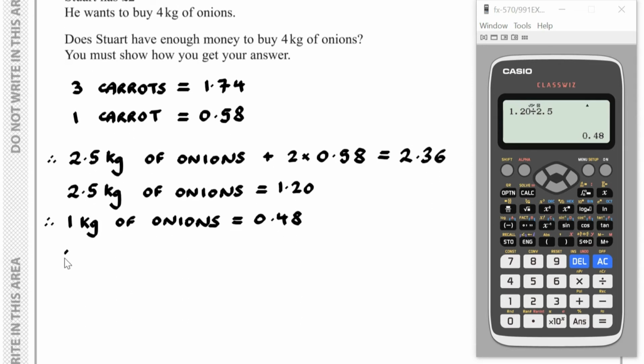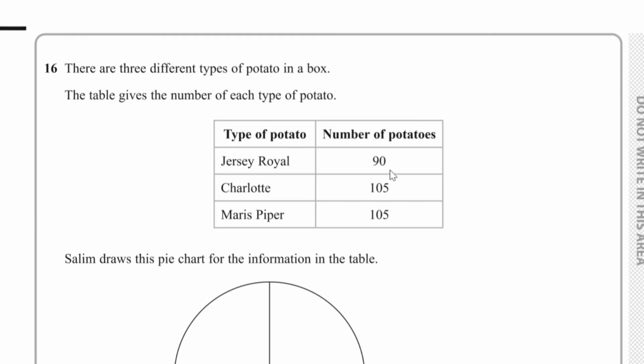Which means for 4 kilograms of onions, we would have 4 times 0.48, which is equal to 192.